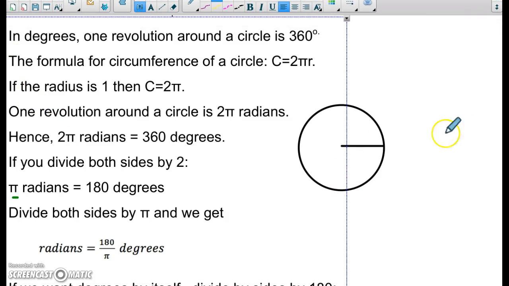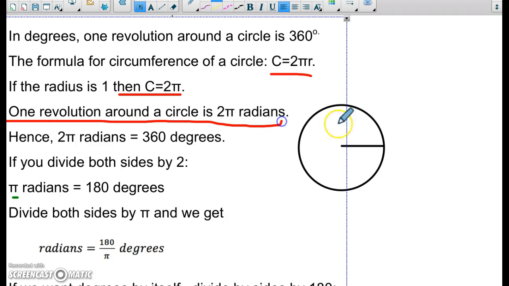Okay, so in degrees, 1 revolution around the circle is 360. The formula for the circumference of the circle is 2 pi r. If the radius is 1, then the circumference is 2 pi. So 1 revolution around a circle is 2 pi radians. Okay, so this is called 1 revolution. 2 pi radians is equal to 360 degrees.